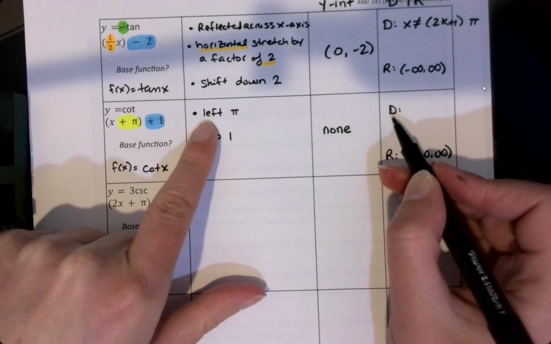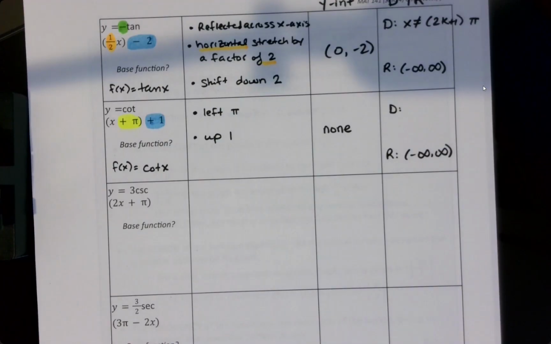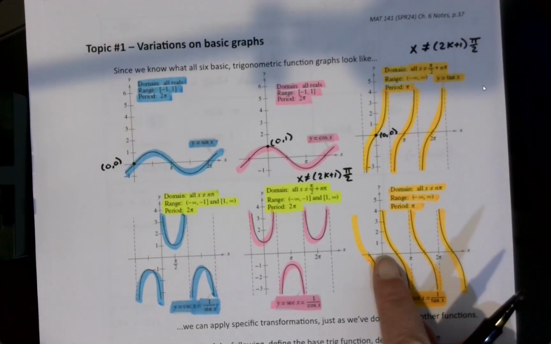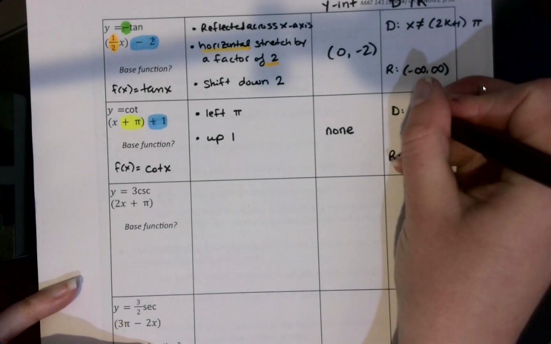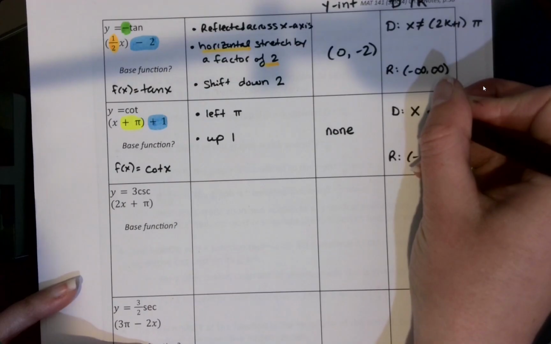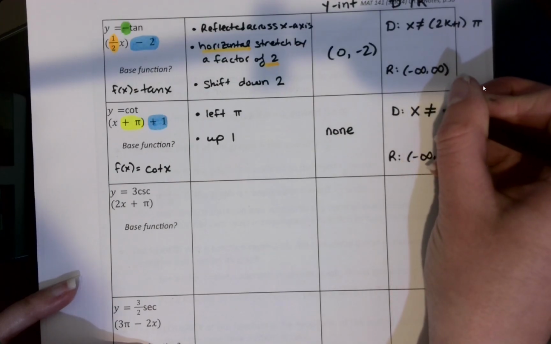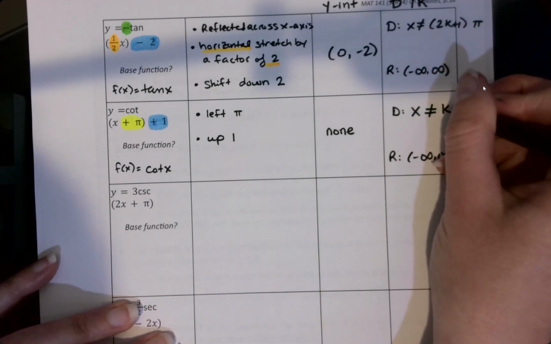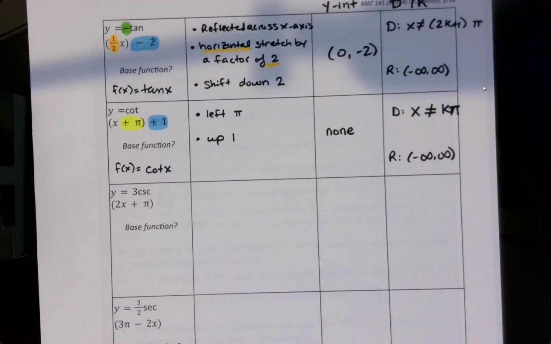So if I shift this to the left by pi, I'm going to be taking all multiples of pi, and they're going to stay on all multiples of pi. So it's actually not going to change the domain. It's going to shift right on over. So x is not equal to k pi, or n pi, whatever letter you like. There we go, k pi.